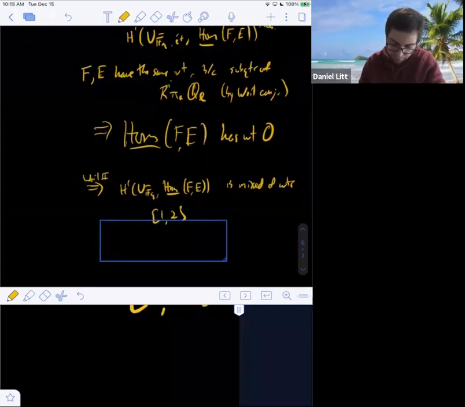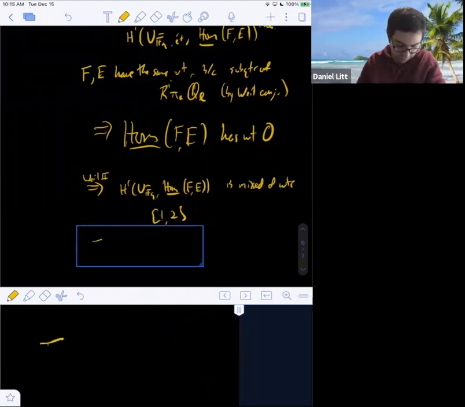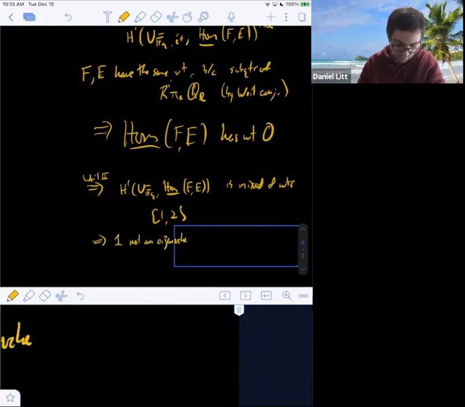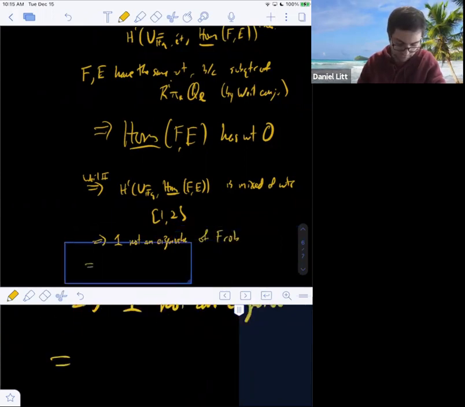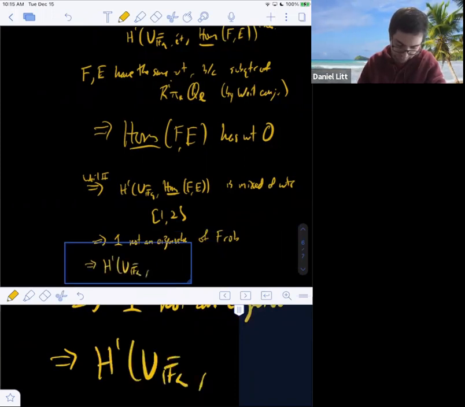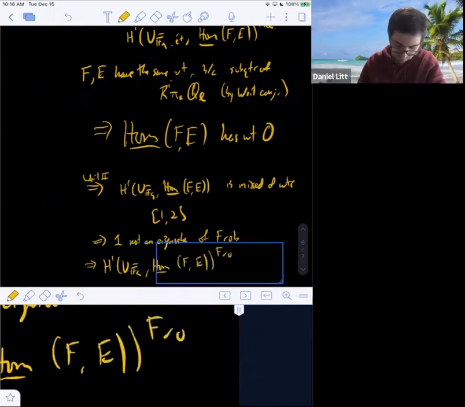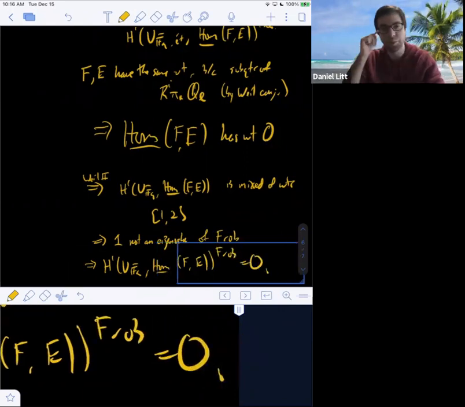Okay, and now we're done. So this implies that 1 is not an eigenvalue of Frobenius, which implies immediately that the fixed points of Frobenius acting on this vector space are 0. And that's what we wanted to show.